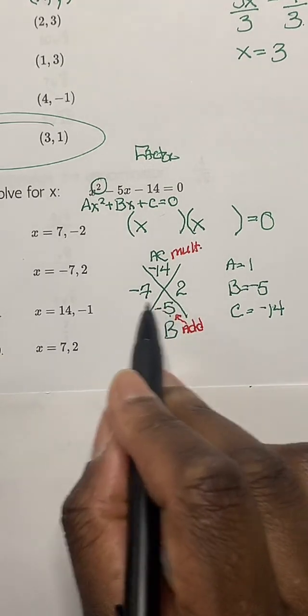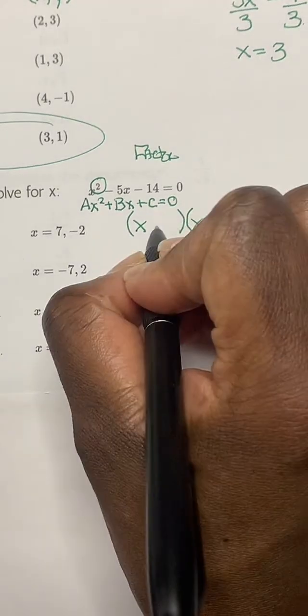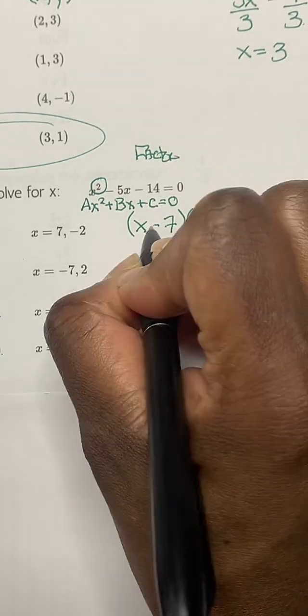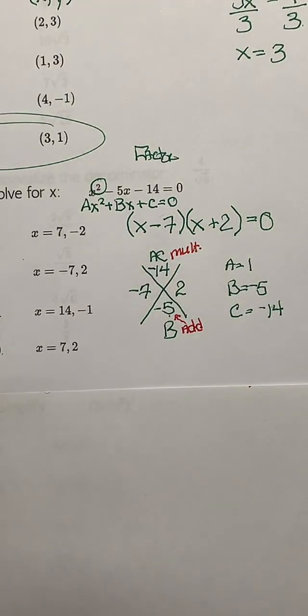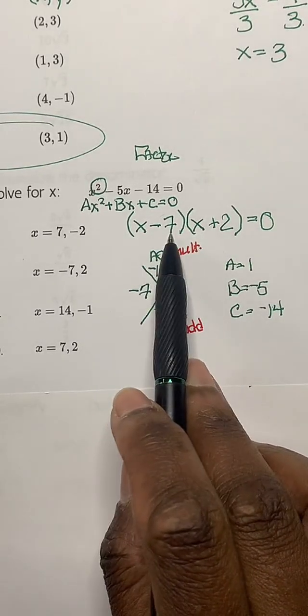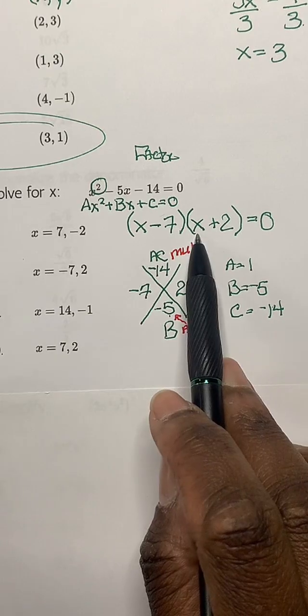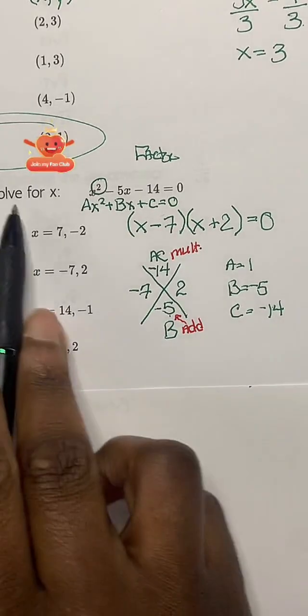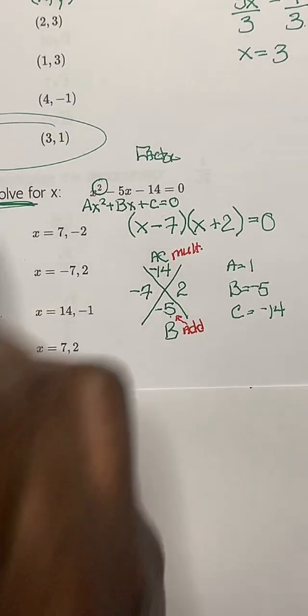So now you're going to take these two numbers and plug them into each of the parentheses. One factor of this is going to be x minus 7. The other factor is going to be x plus 2. But now they want us to solve, not just factor it.